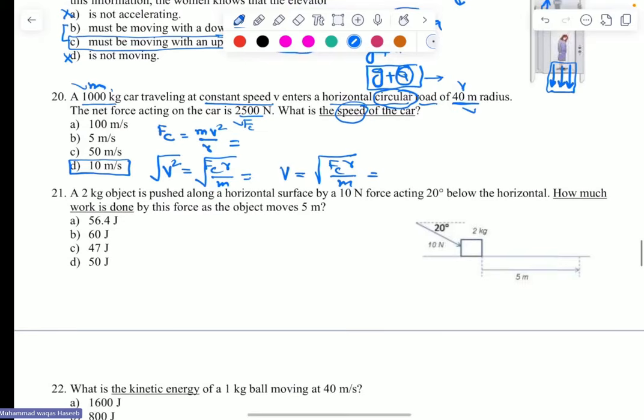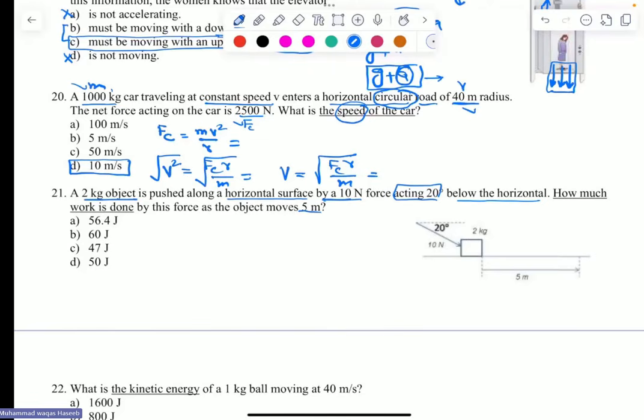Question number 21. A 2-kilogram object is pushed along a horizontal surface by a 10 Newton force acting at a 20-degree angle below the horizontal. How much work is done by this force?